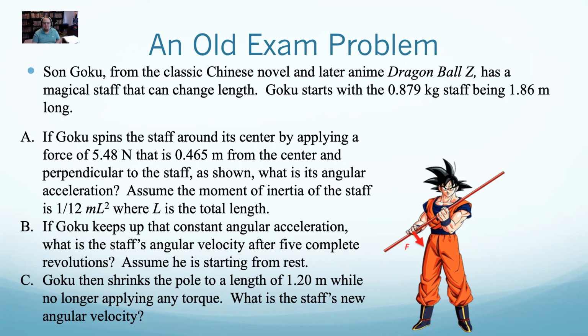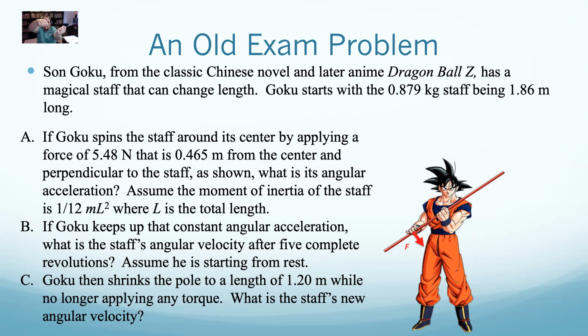So let's say Goku's staff has a mass of 0.879 kilograms, and it doesn't change mass, but it starts 1.86 meters long, and he spins it around the center. He spins it by grabbing a pivot point and applying a force some distance away. He applies a force of 5.48 newtons, 0.465 meters away from this pivot point.